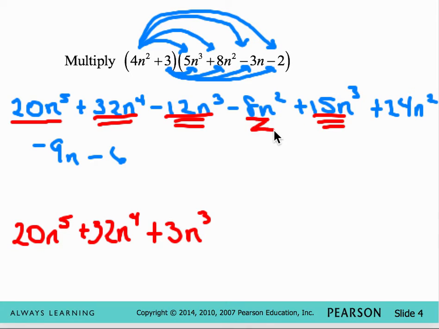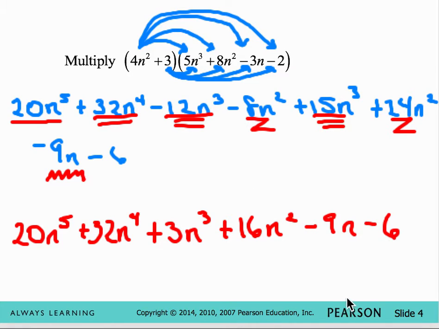Is there another n squared? Yes. 24 of them, take away 8 of them, 16 of them. Okay, is there another just n? No. And so that just leaves the constant negative 6.